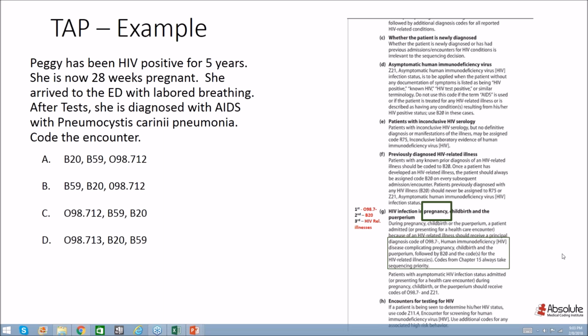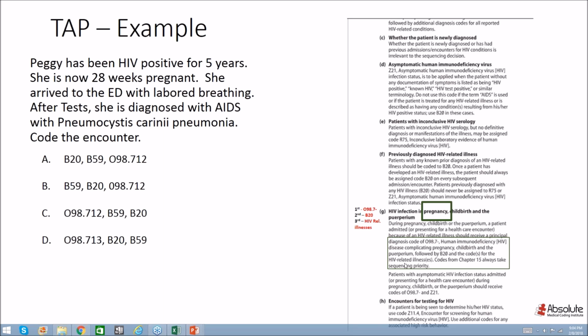All right, so someone asked the question earlier today, how do you know that you sequence HIV before the HIV related illness? It's not actually here. It's a little further up. It says that you code HIV before the related illness. So anytime you have that setting, that's how you sequence it.